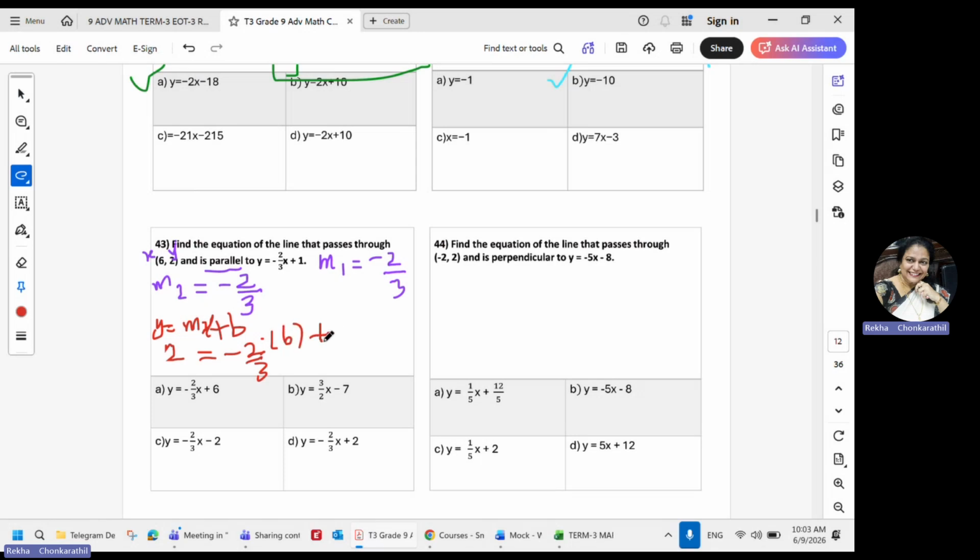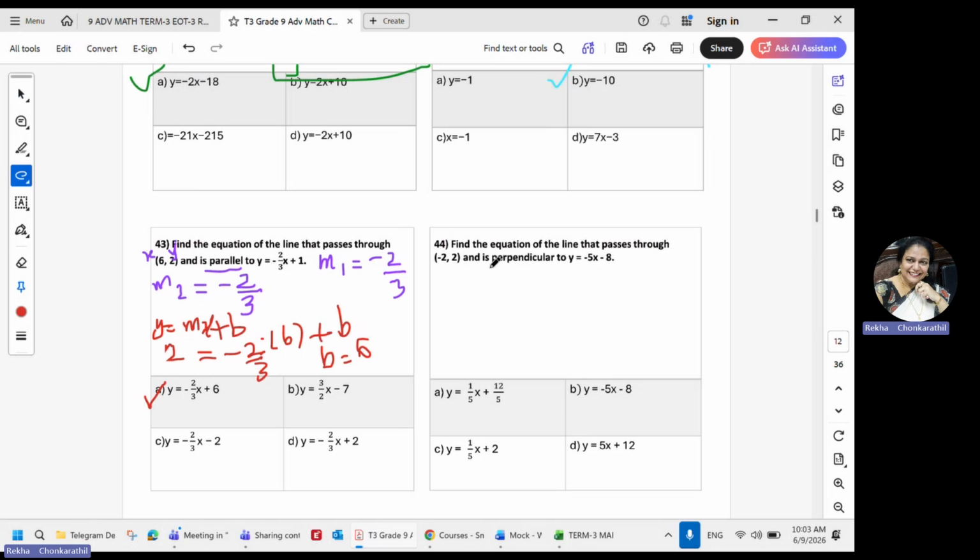And your b you don't know. If you use your calculator properly, you will get the value of b as 6. So your equation, the slope is minus 2 by 3 and b is 6. So which option will be correct? Will be option A. Similarly, try to do question 44.